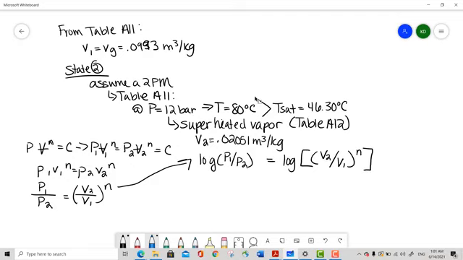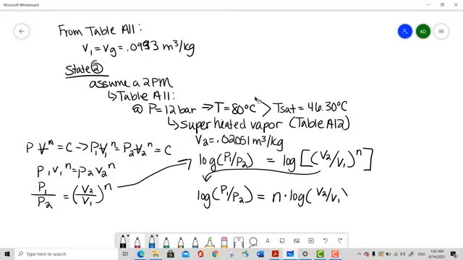Then we know that all goes to log P1 over P2 equals N times log V2 over V1. Okay, and then you can move this over and pull out N to finally get N equals log P1 over P2 all over log of V2 over V1.